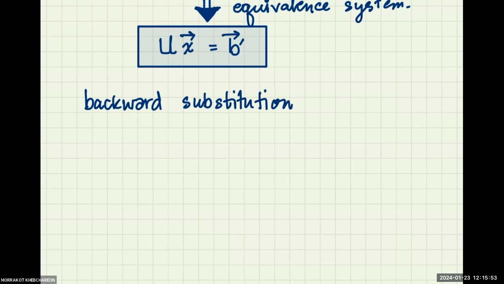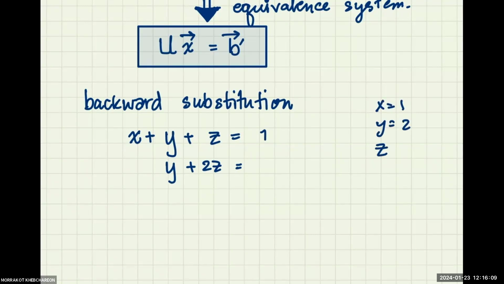I give you an example, okay? I have x plus y plus z equal to 6, y plus 2z equal to 7, and z equal to 3. Suppose x is 1, y is 2, z is 3.